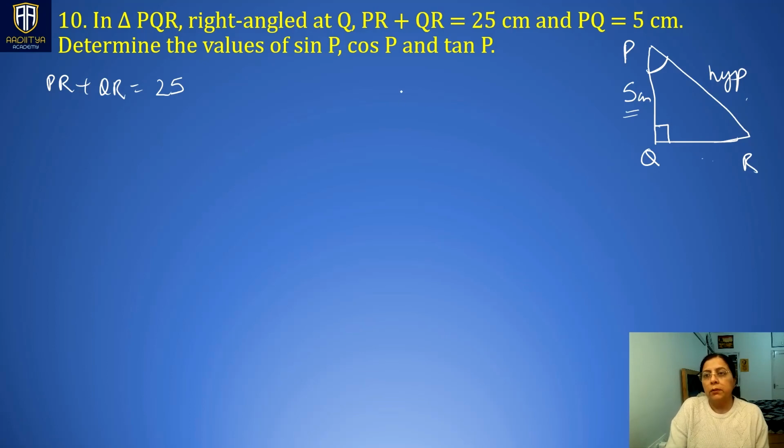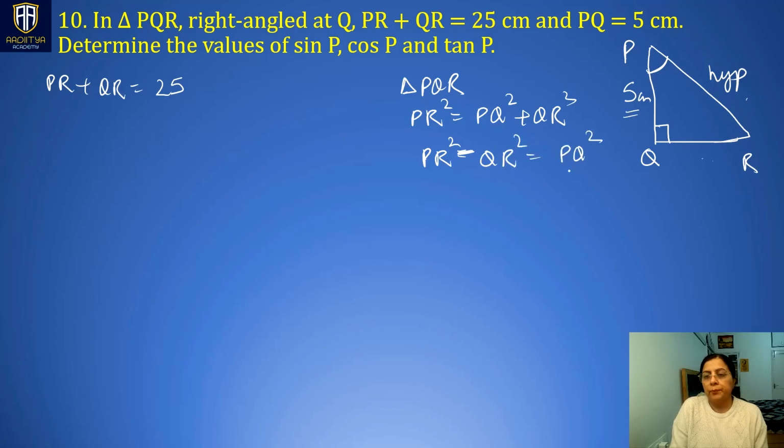Now in triangle PQR, by using Pythagoras theorem, we can say that PR square is PQ square plus QR square. Now we are not given any value here, only PQ square is given. So we can write PR square minus QR square is equal to PQ square. Now why have I written this?